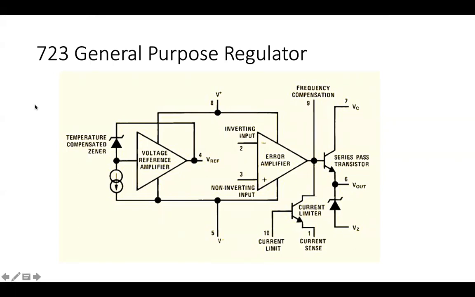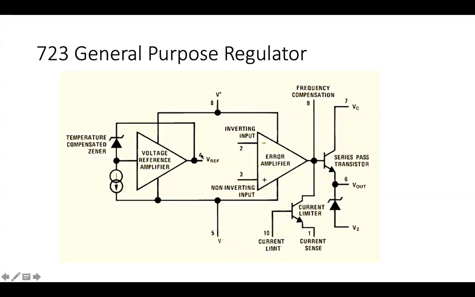You have quite a few sensors here. You have a temperature compensated zener, and you have a current source here. Voltage reference amplifier, and you have plus V, minus V. Then you have the error amplifier.